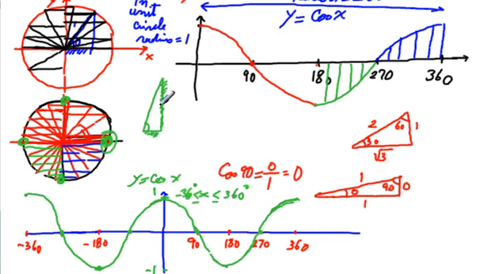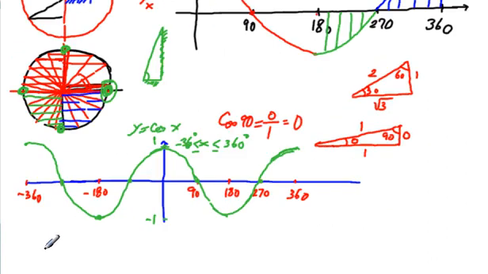Opposite can get to be substantially larger than the adjacent. So tangent can go to infinity, and that's going to create new problems for us. You want to study the notion of asymptotes. I'll talk about that next time. Asymptotes arise out of division by 0.